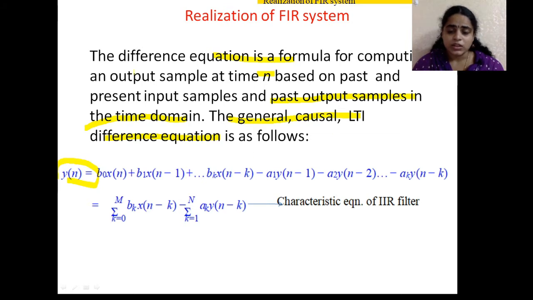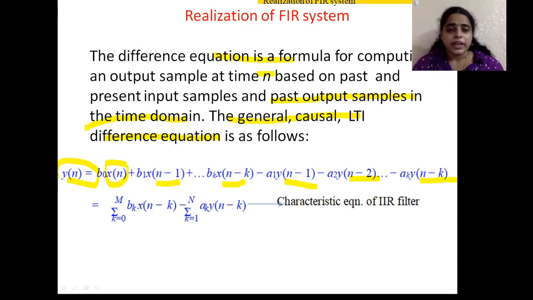We know that y of n minus 1, n minus 2 and so on, y of n minus k will be past state outputs, and b naught of x of n is the present input. These, x of n minus 1, x of n minus 2 and so on, are our past inputs.